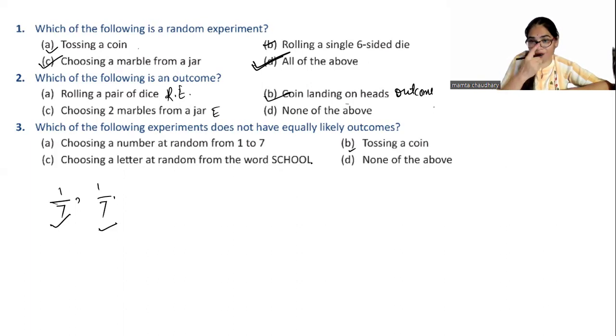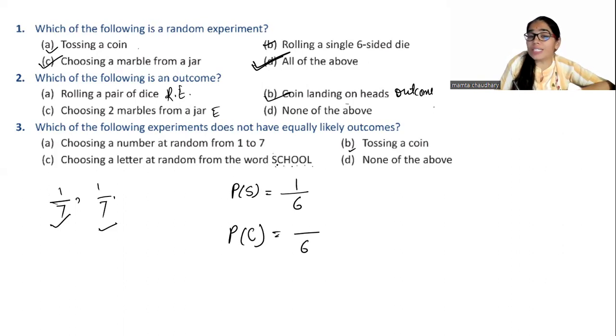Here there are 6 alphabets: S, C, H, O, O, L. If I'm finding the probability of choosing S, total 6 alphabets, S comes 1 time. Probability of choosing C, total 6, 1 time. Probability of choosing H, total 6, 1 time.